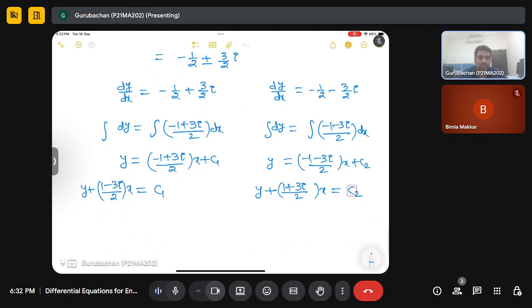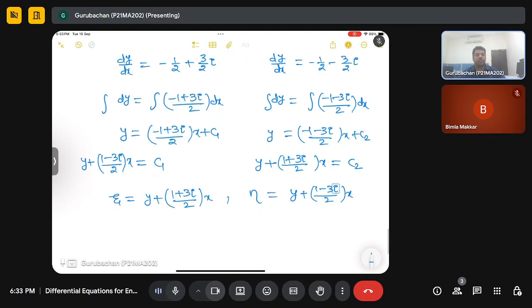From this we can judge what our transformation can be. I am choosing it in such a way that this will be positive. So I am taking xi as y plus 1 plus 3 iota divided by 2 into x, and eta as y plus 1 minus 3 iota by 2 into x. Now the point arises that here are the real and imaginary parts.